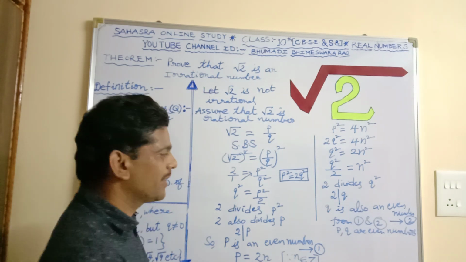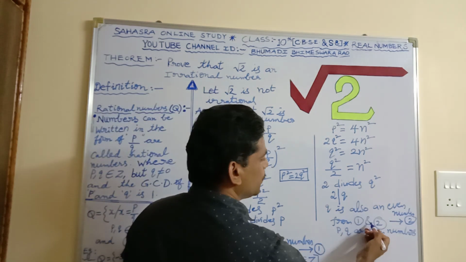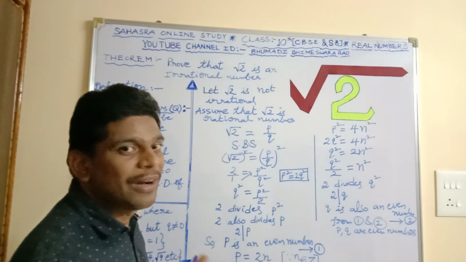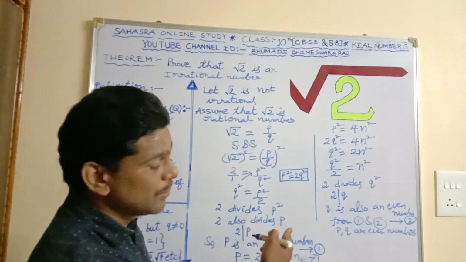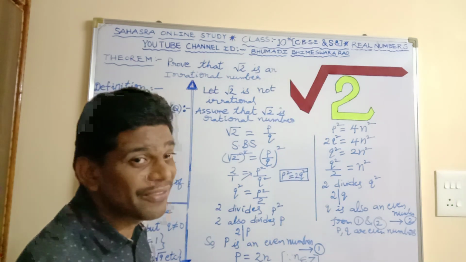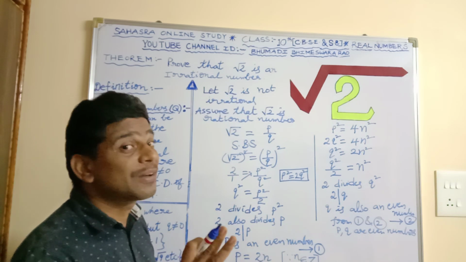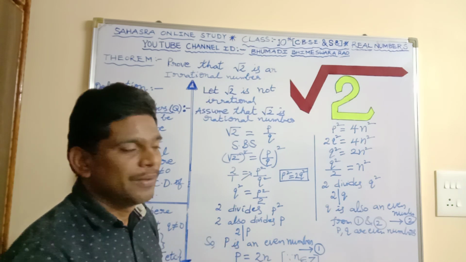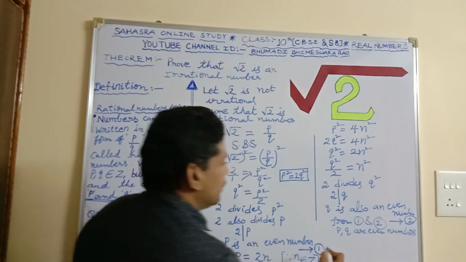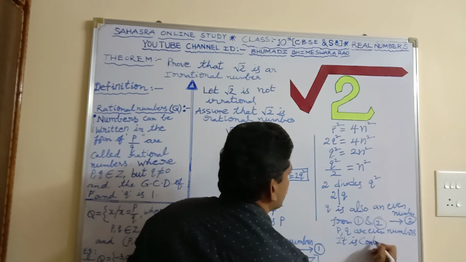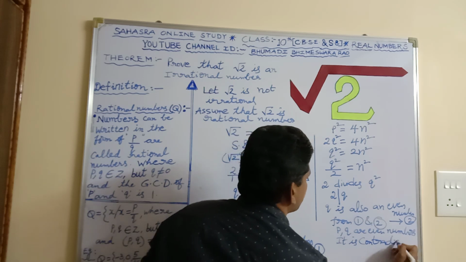It is a contradiction. What is contradiction? If 2 is a common factor of p and q, p, q are not co-primes. So it is a contradiction to our assumption.